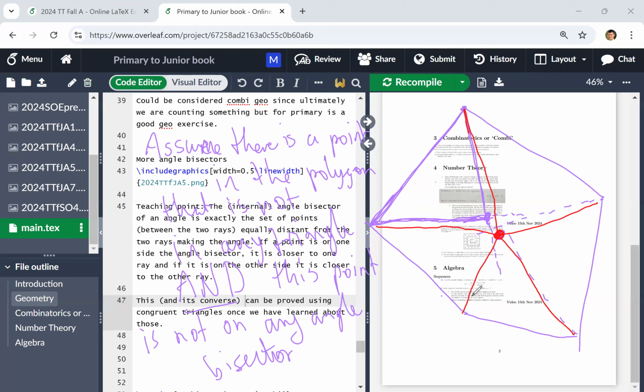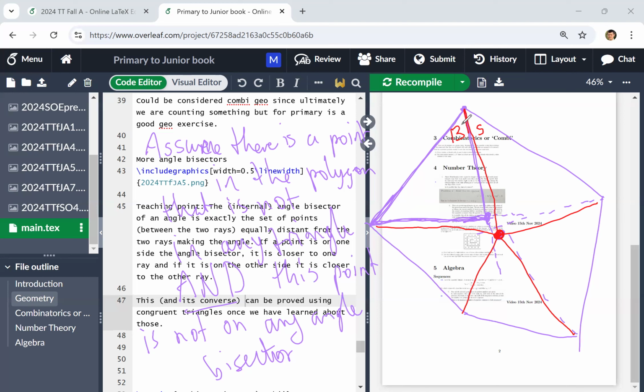Now, because the point's not on the angle bisector, this line is always on one side of the angle bisector. So it's going to make one angle smaller and the other angle bigger, yeah?